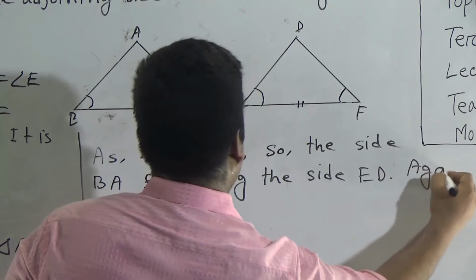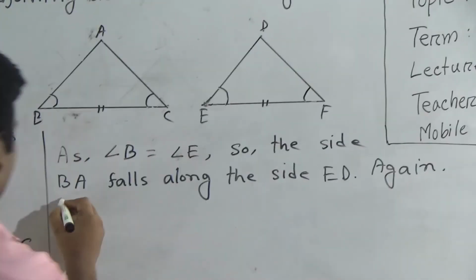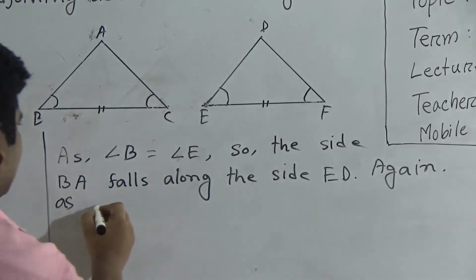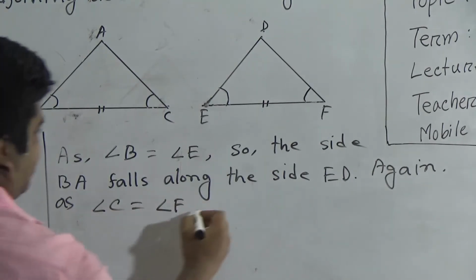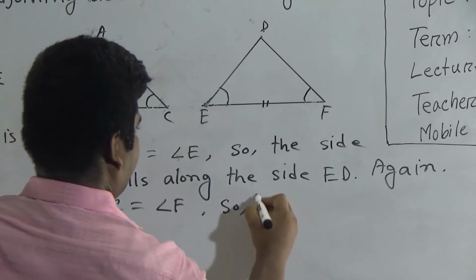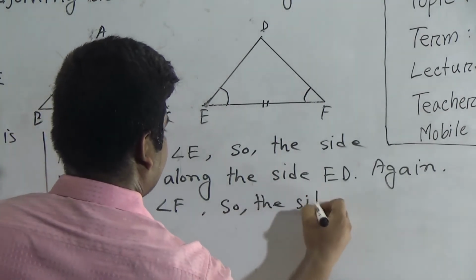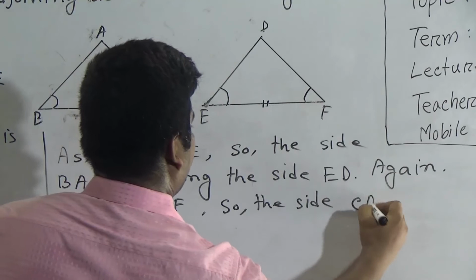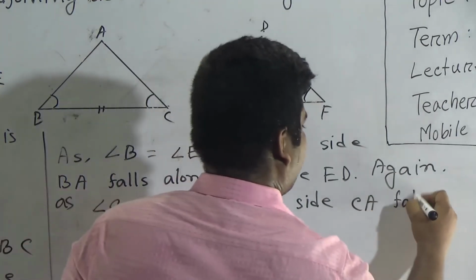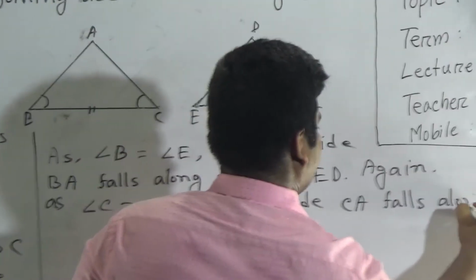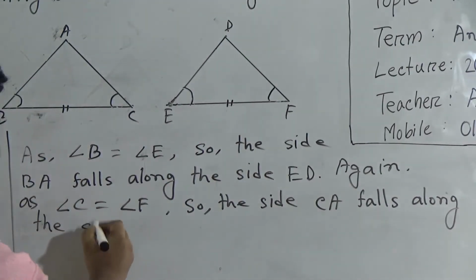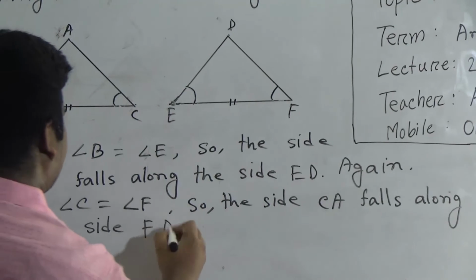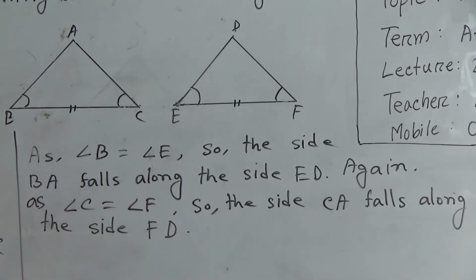Again, as angle C equal to angle F, so the side CA falls along the side FD. I hope you have understood.